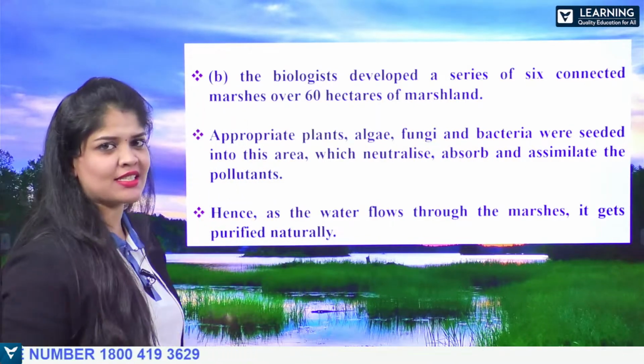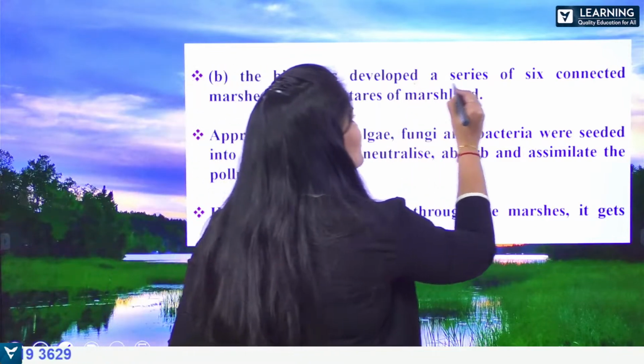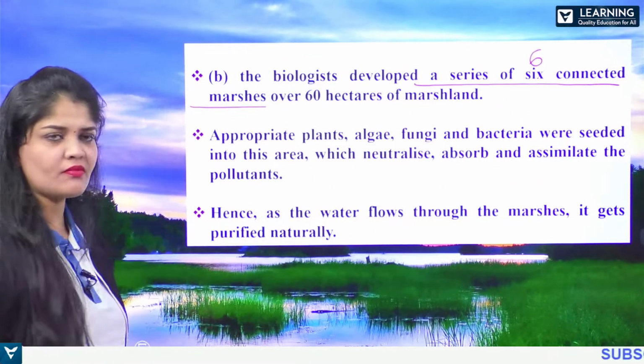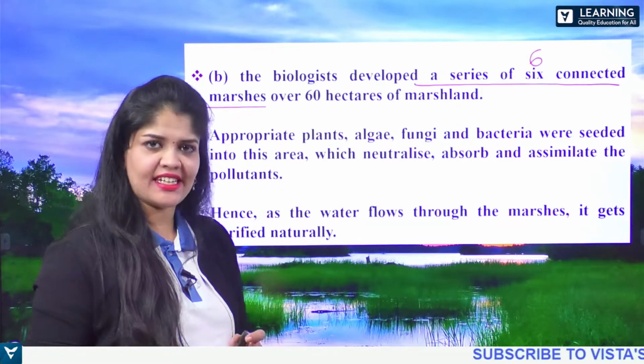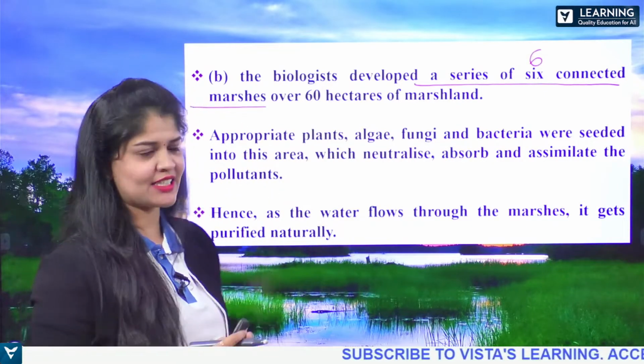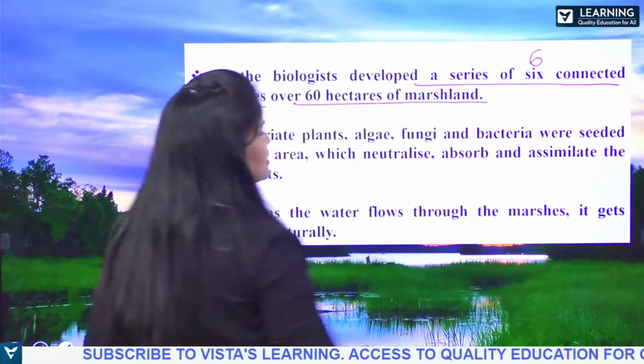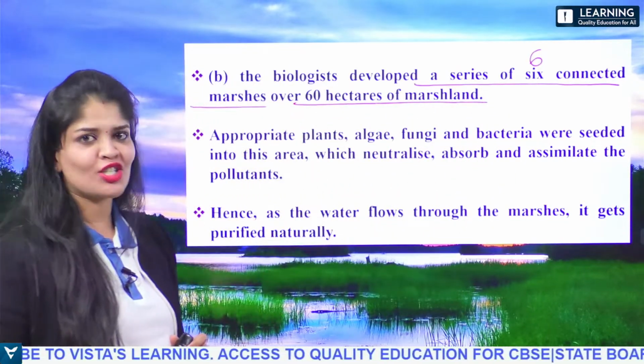So the biologists developed a series of 6 connected marshes, meaning waterlogged, wet areas over 60 hectares, and that we call marshlands.